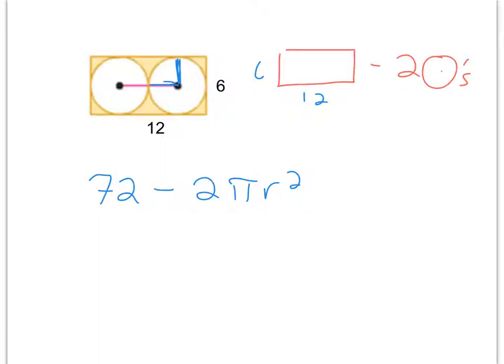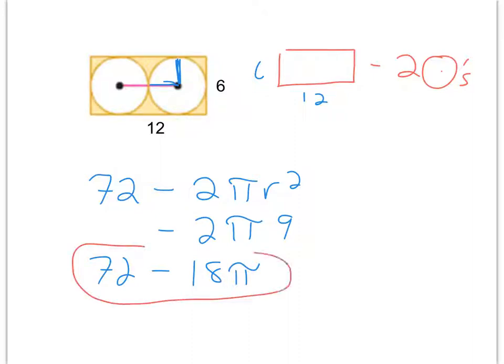So my radius is 3. Pi is pi. 3 squared is 9. So I have 72 minus 2 times 9, which is 18 pi. You can leave your answer like that if you'd like. If I ask for a decimal, you're going to do 72 minus 18 pi, which equals 15.48.